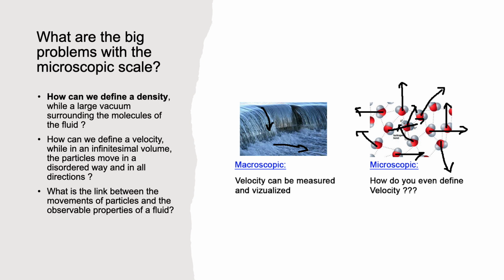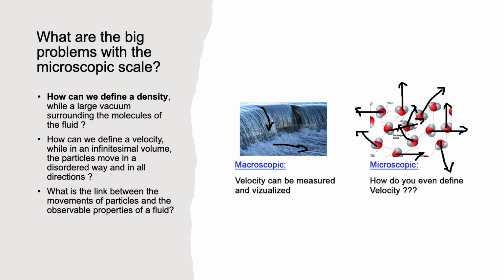So what are the big problems with the microscopic scale? Well, if you look at a fluid domain in macroscopic scale, you can see the velocity, right? You can see the water moving in some direction, so you can visualize it with your eyes. But if you look in the microscopic scale, it looks like the atoms are going everywhere in every direction.